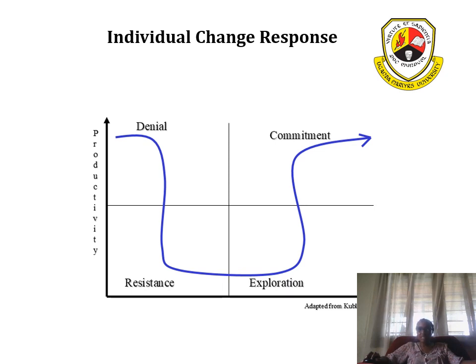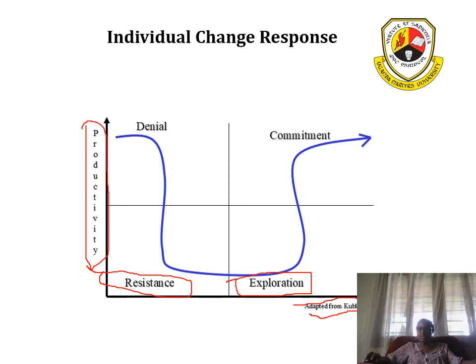Now, the difference here is that on one side we see productivity. As long as a user can see their productivity is going up, then they should be able to automatically adopt a system. Once they see productivity is low, resistance has to be there. Okay? And at this stage, you may encourage one to explore the system.